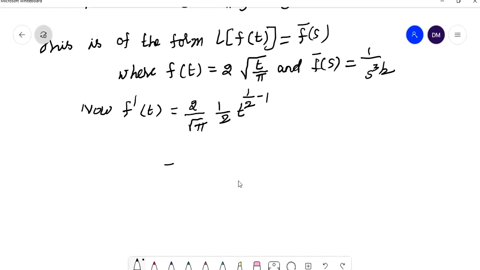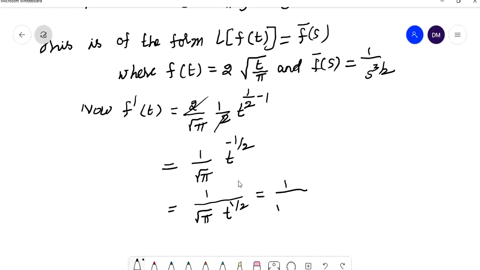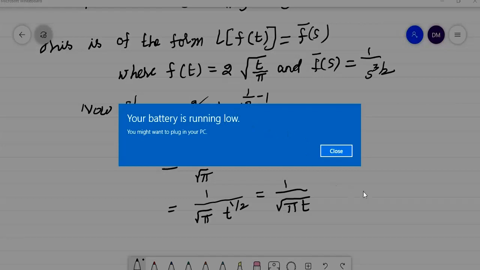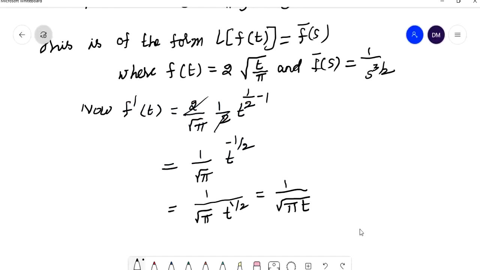So here 2 cancels, and this is equal to 1 by root pi into t power minus 1 by 2. So this is equal to 1 by root of pi t. This is the f dash of t value, right.